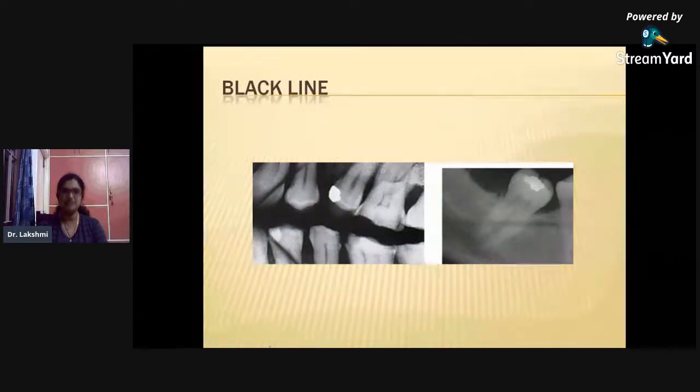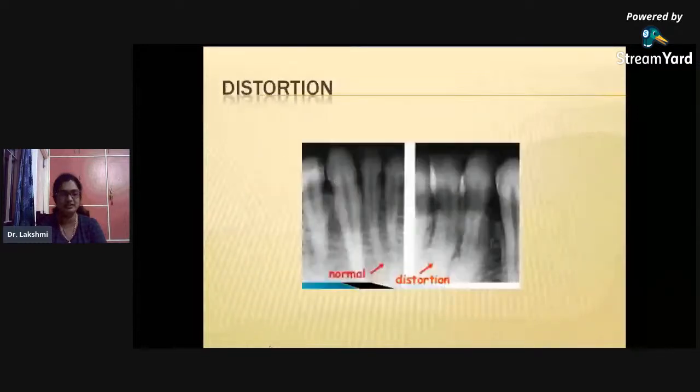Distortion image. We have a comparison here. This is a normal image wherein all the angulation everything is proper, film positions everything is proper, film positions with the crown. Here what is happening? It is looking like there is a tilt or there is a bend in the root, or the image looks, it does not look normal.